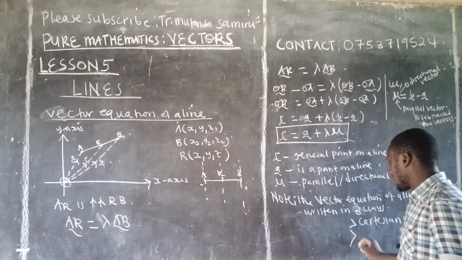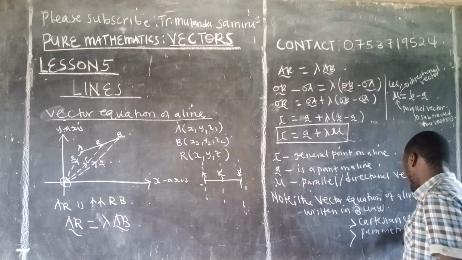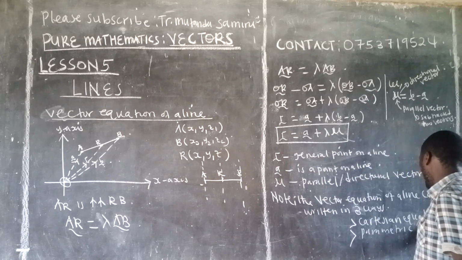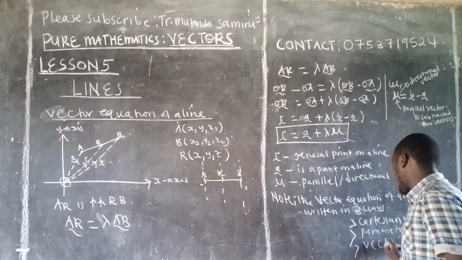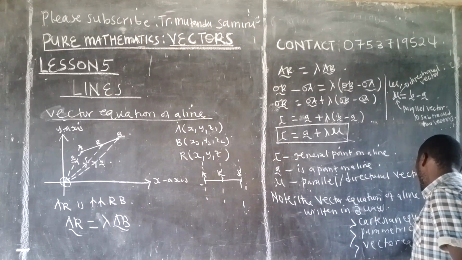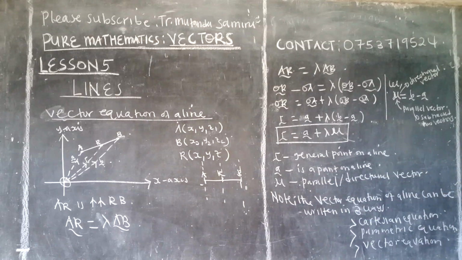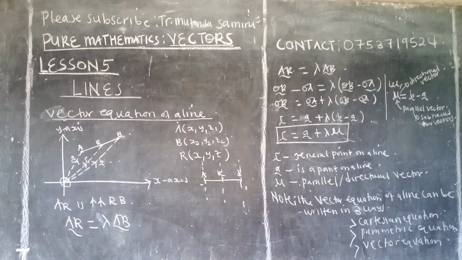Then it can be a parametric equation. Then it can be a vector equation. So it can be written in three ways, as simple as that. So now we want to see how we can write them in parametric, Cartesian, and vector format.